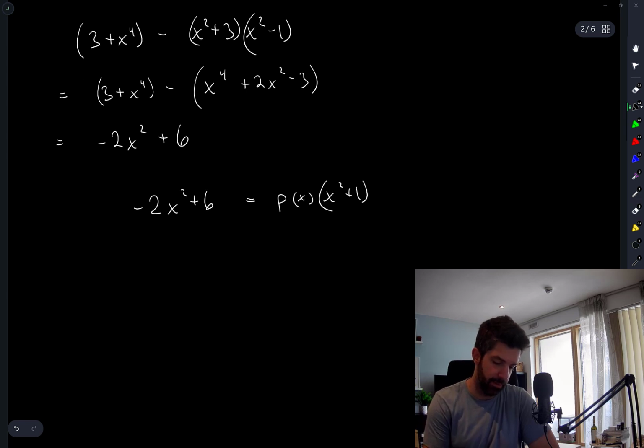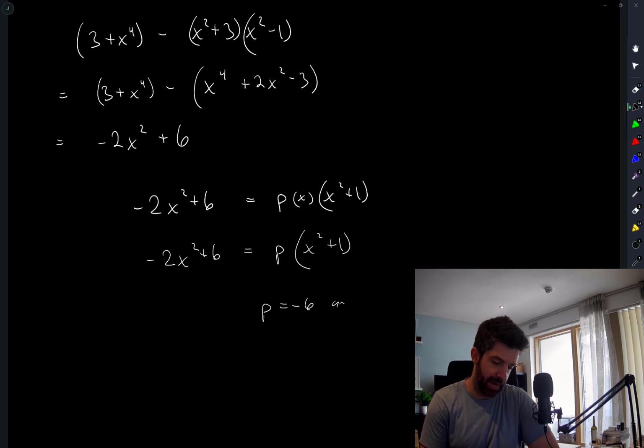So let's just call it p. So negative 2x squared plus 6 is equal to p times x squared plus 1. But then I get p is equal to negative 2 and p is equal to 6. So that's a contradiction. So n equals 1 does not work.